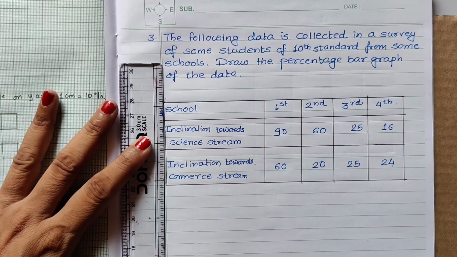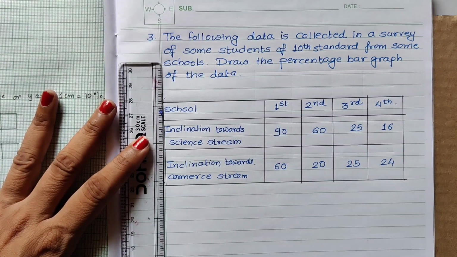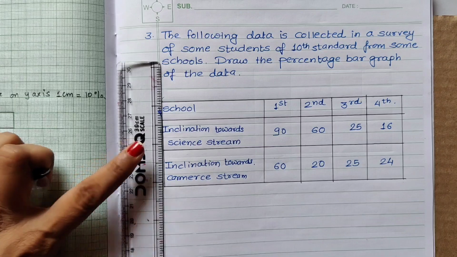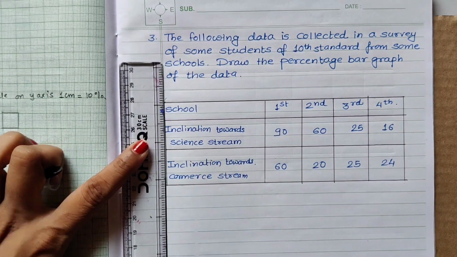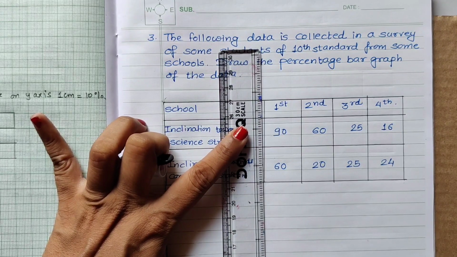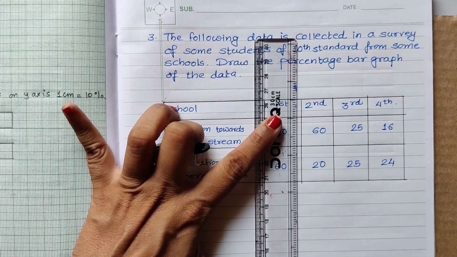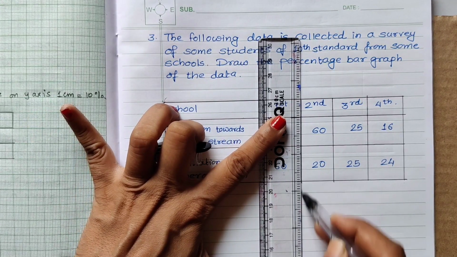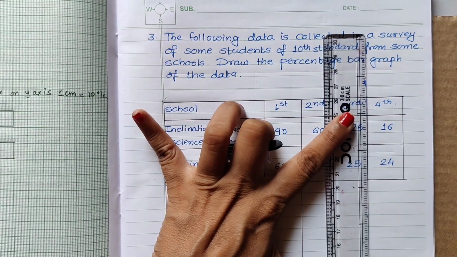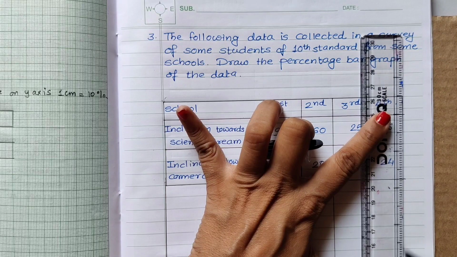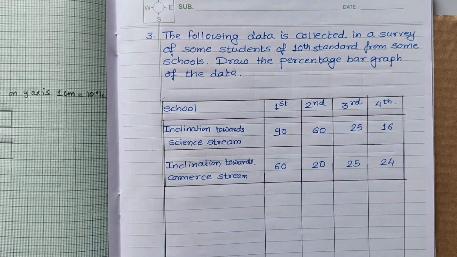Unless the total is there, we cannot draw the percentage bar graph or find out the percentage. So first always find out the total, and then we can find out the percentage. Here only the number of students who want to go to science stream and the number who want to go to commerce stream are given, but the total number of students is not given. So first find out the total number of students.